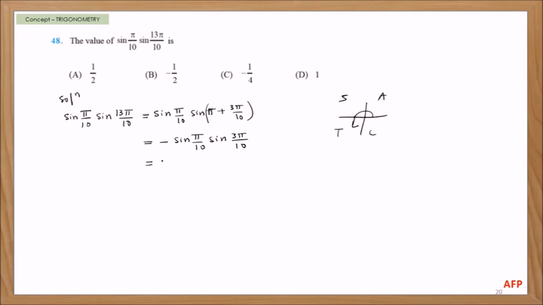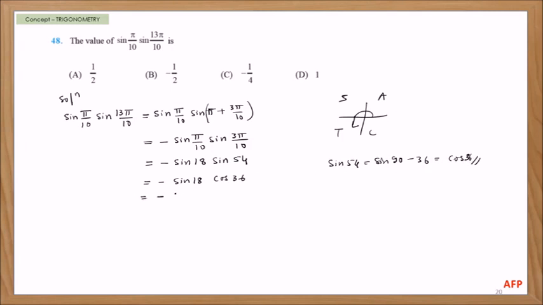So here it is sine 18 degrees, and here sine 54 degrees, right? Sine 18 degrees, okay, cos 36 degrees. Sine 54 can be written as sine of 90 minus 36, which is nothing but cos 36 degrees.